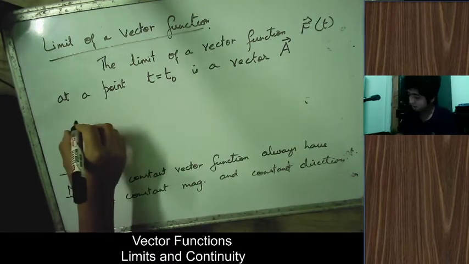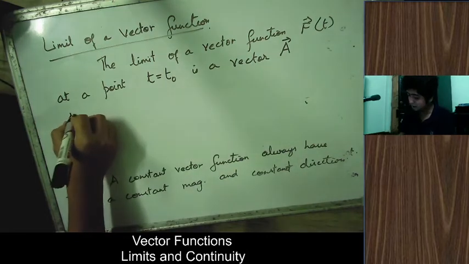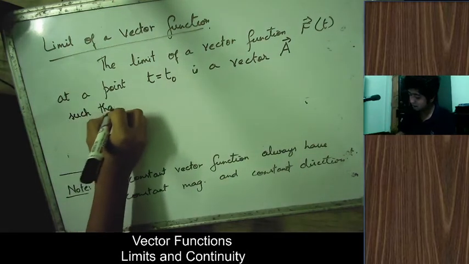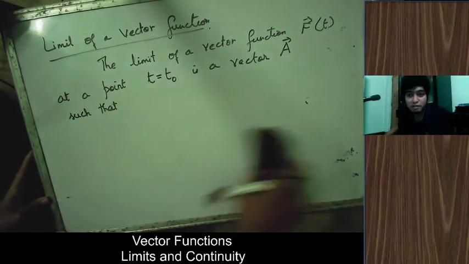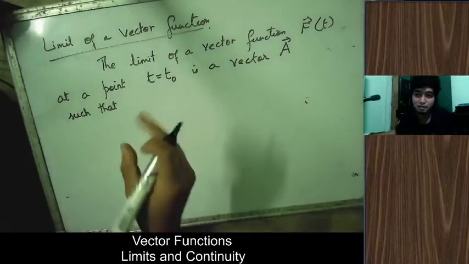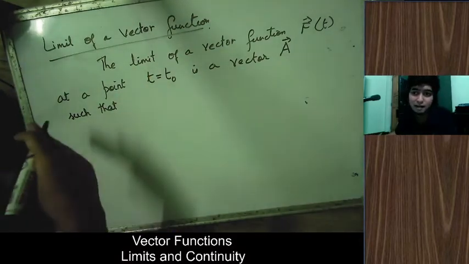Okay, and it is a vector A such that, if you remember in your first semester when you were dealing with limits of real valued functions, you were using epsilon and delta.